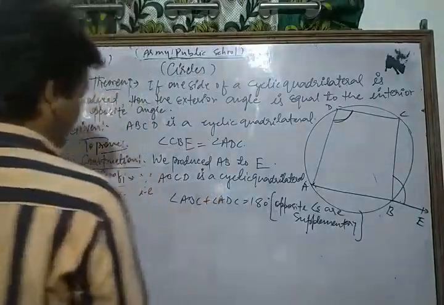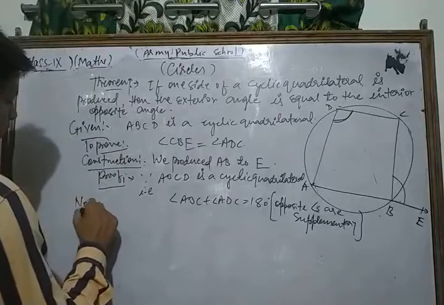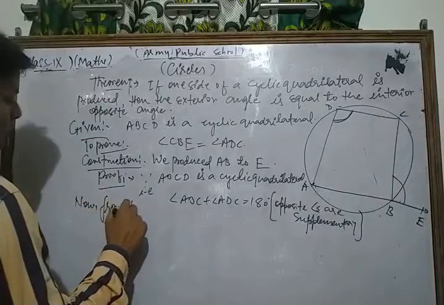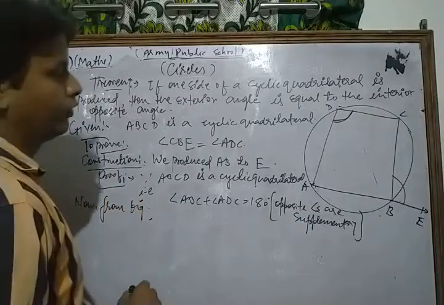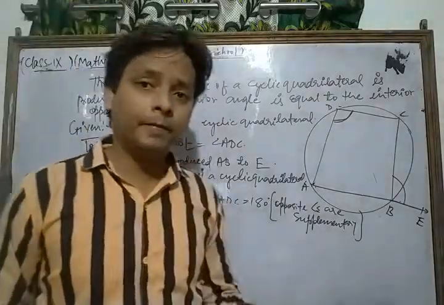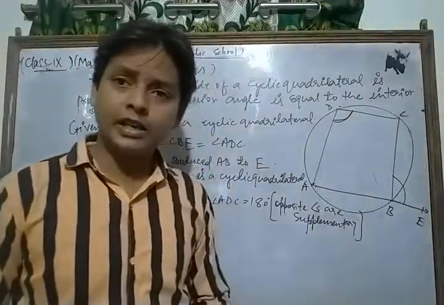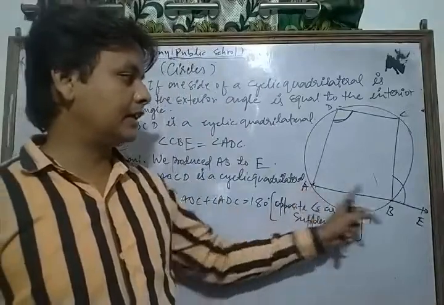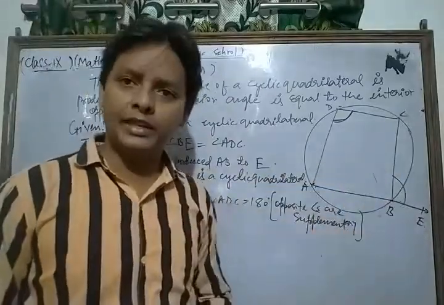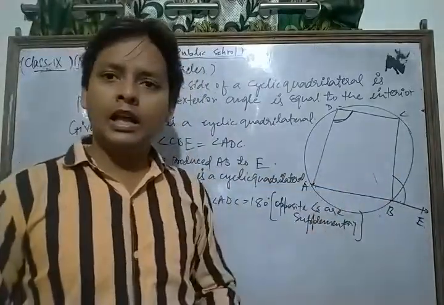And now from the figure it is clear that ABE is a straight line, then the sum of their measures ABC and CBE is 180 degrees, because these form a linear pair.